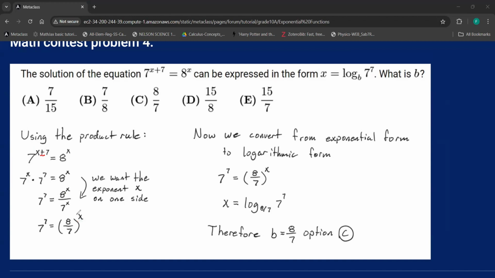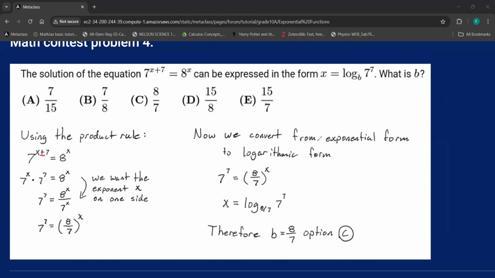Remember like yesterday, I explained that these two are equal, right? These two are interchangeable. So the exponent applies to both the numerator and the denominator here. That's why you can write it like this.